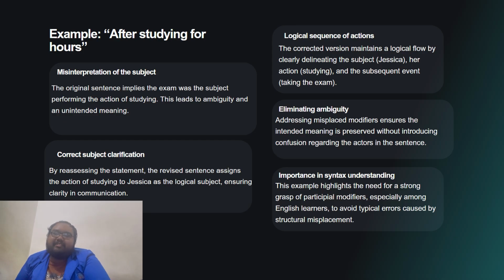Importance of syntax understanding. This example highlights the need for a strong grasp of participial modifiers, especially amongst English learners, to avoid the typical errors caused by structural misplacement.